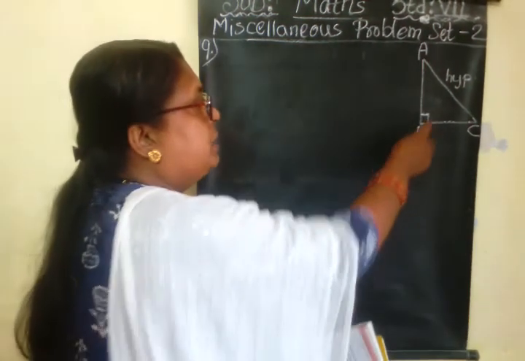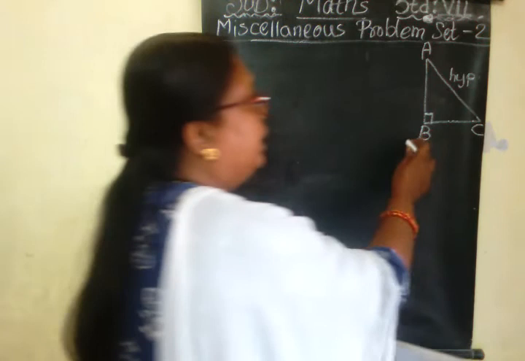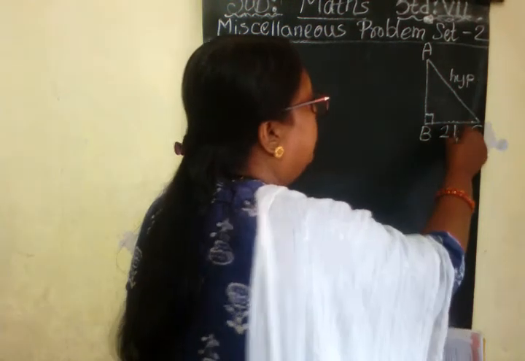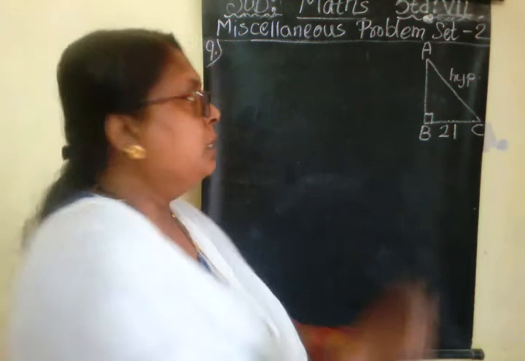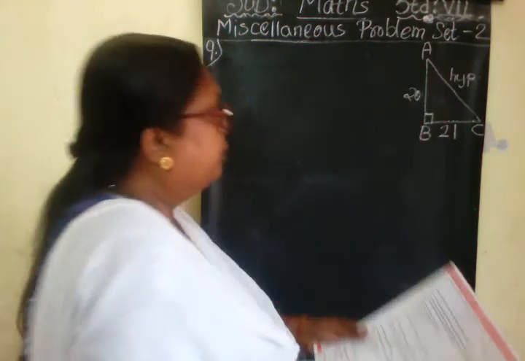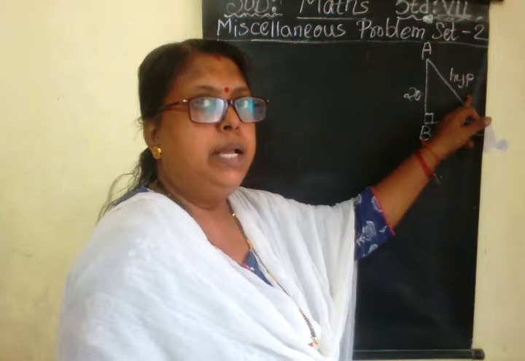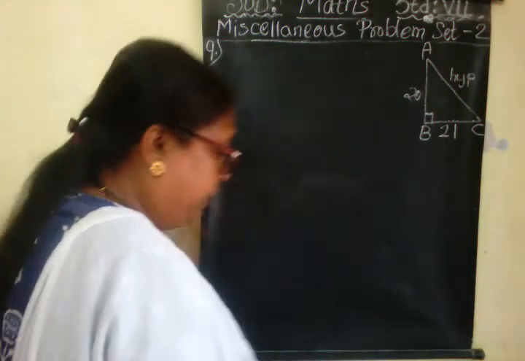Length BC is 21. No unit is given. And length AB is 20. So from this you have to find hypotenuse, and then along with hypotenuse you have to find the perimeter. So let us begin.